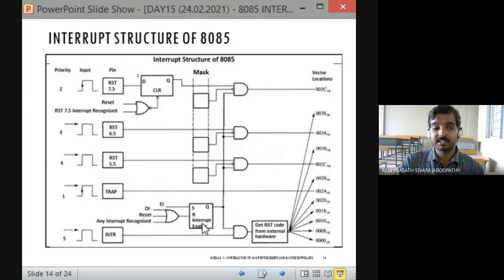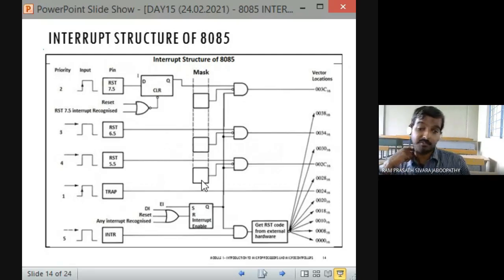If you reset this particular interrupt enable flip flop, INTR, RST 7.5, 6.5, 5.5 all will get masked irrespective of the mask bit. Is it clear for everyone? Yes or no? Yes, fine. Only very few are typing.